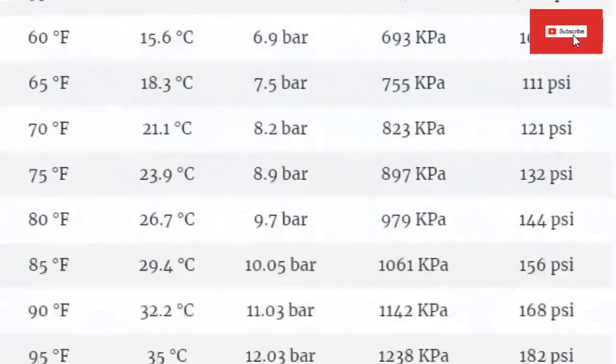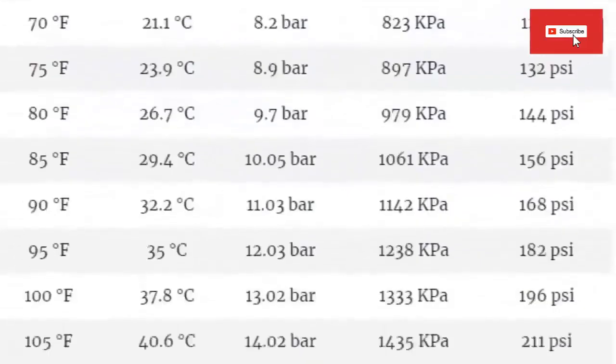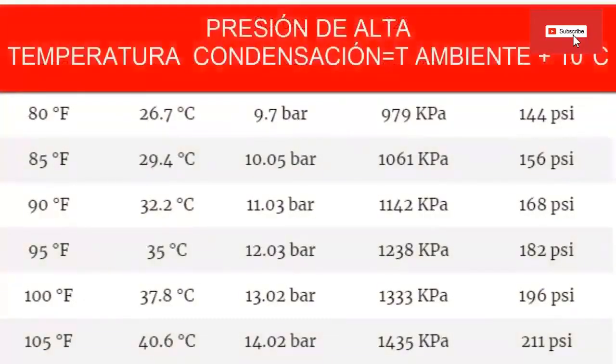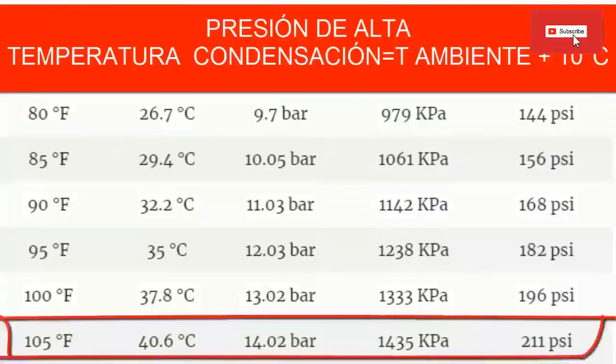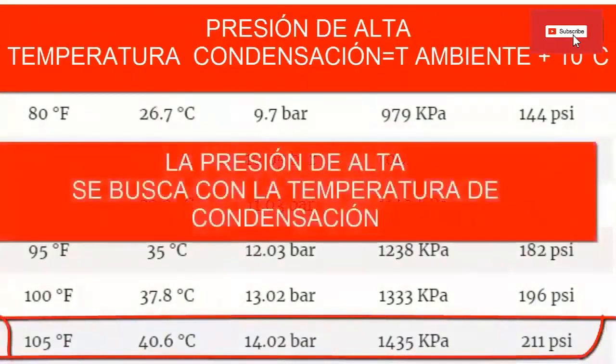4. Now we are going to look for the high pressure in the table. For this we are going to take as an example an external environmental temperature of 30 degrees Celsius. We increase this value by 10 degrees Celsius and look in the table for a pressure value for approximately 40 degrees Celsius.